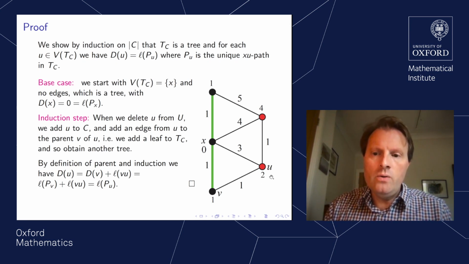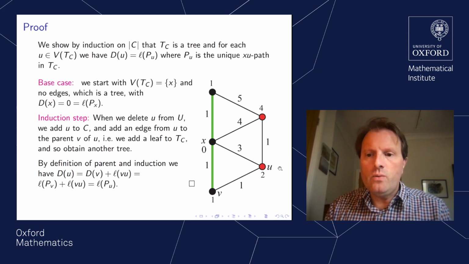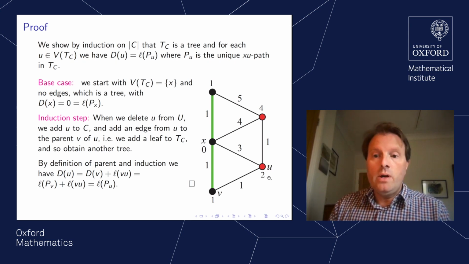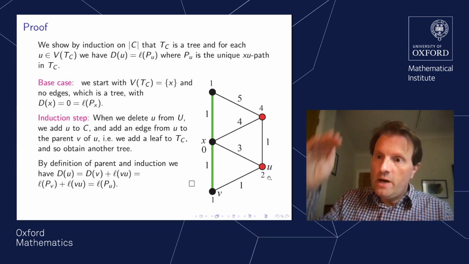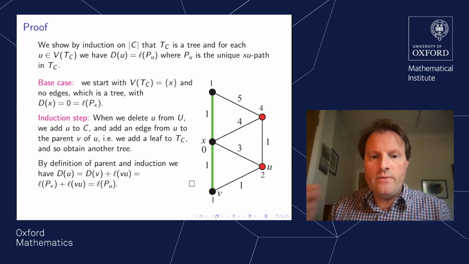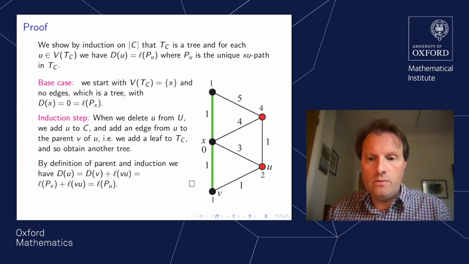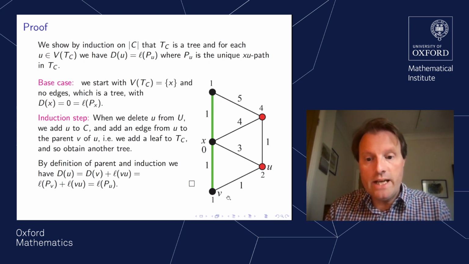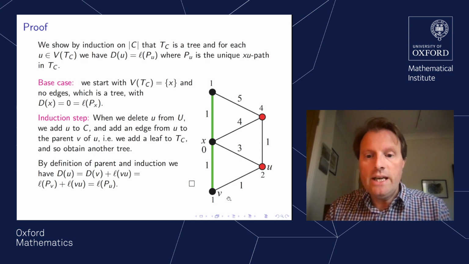Okay, so what is D of U? Well, D of U, remember, it's been going down, and the very last time it went down, we set it equal to D of V plus L of VU for some vertex V, which by definition is the parent.